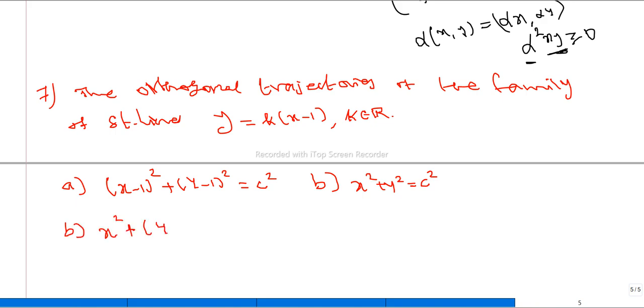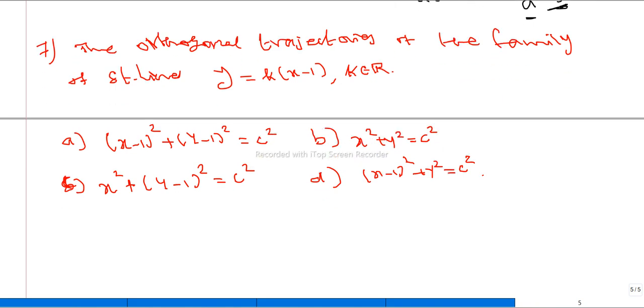The only thing is the center is changing. So this is c, and the d option is x minus 1 square plus y square equal to c square. So what is the orthogonal trajectories?